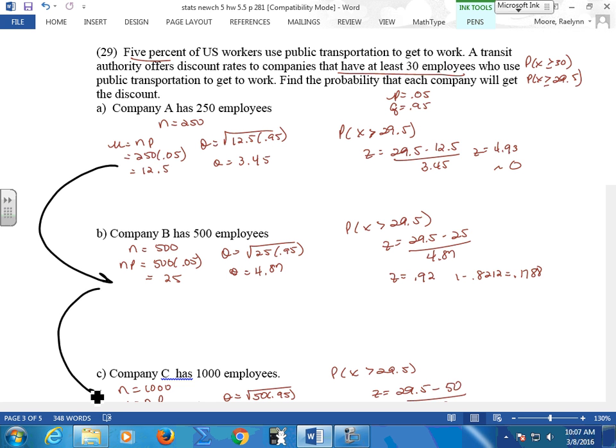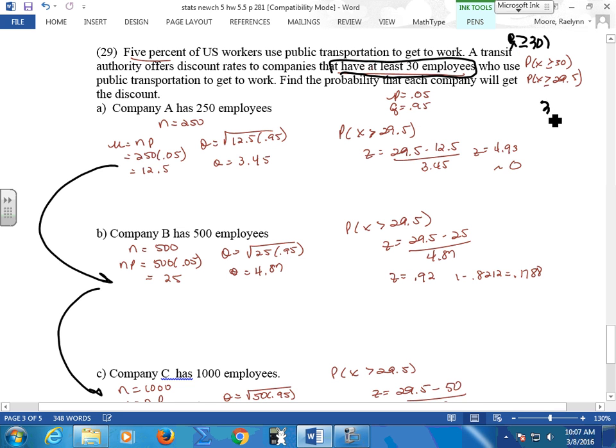You wanted to find the probability that each company will get the discount. To get the discount, they need to have at least 30 employees. So therefore, at least, greater than or equal to 30. Probability that x is greater than or equal to 30.